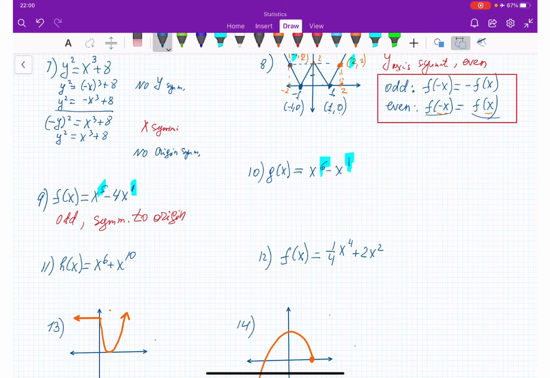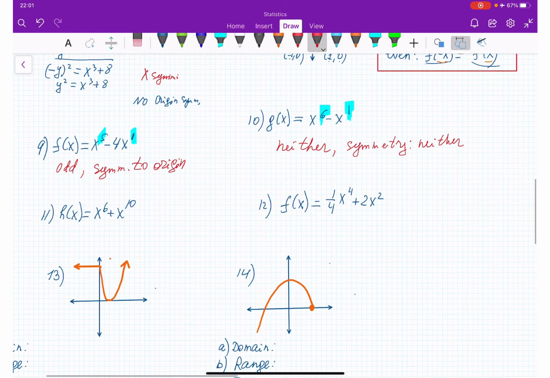So we just put it like that, neither. If it's neither, then it's not symmetric. It's not symmetric to the y-axis, it's not symmetric to the x-axis, it's not symmetric to the origin. Neither. So no symmetry there.